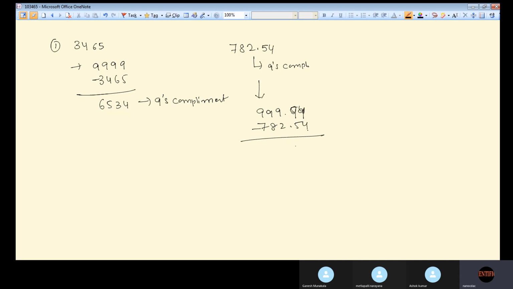So what is the answer that you are getting here? This is 9, this is 9, 5, 4, okay, 7, 1, and this is 2. So this is the nines complement. You all know what is nines complement.